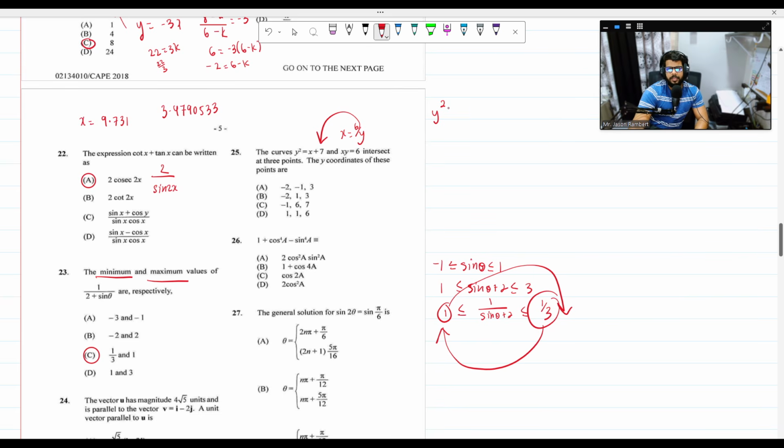So y squared is equal to 6 over y plus 7. y cubed is equal to 6 plus 7y. So y cubed minus 7y minus 6 is equal to 0.